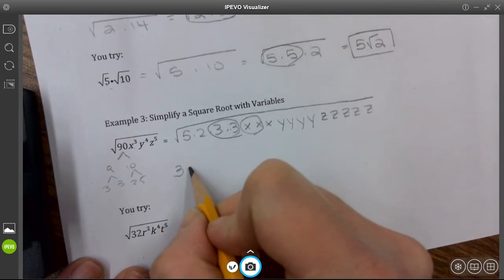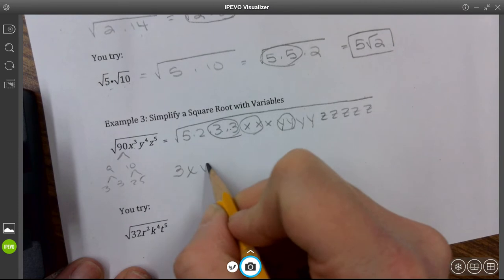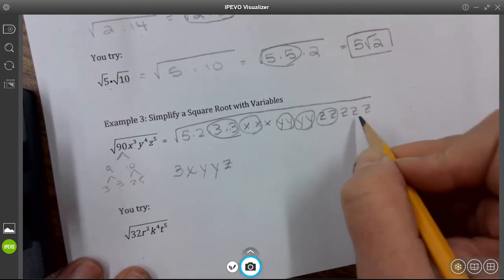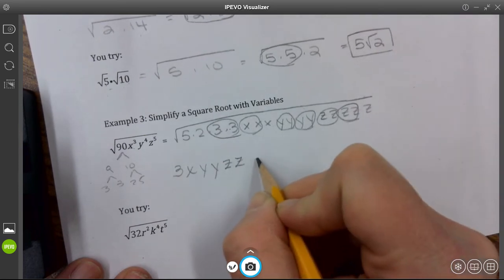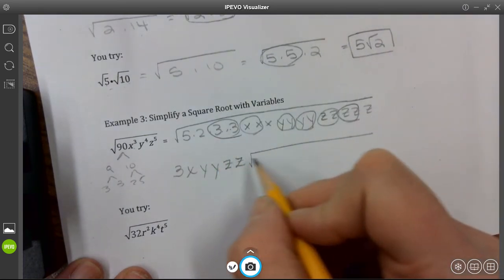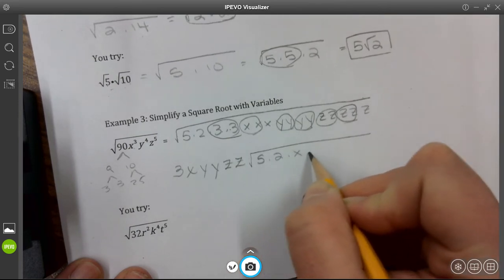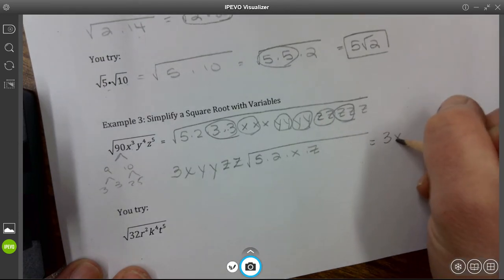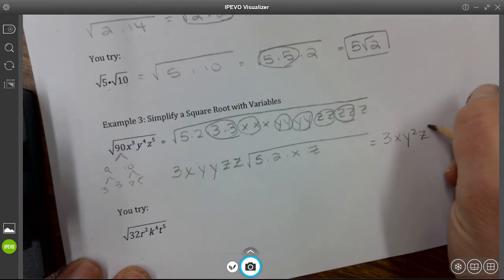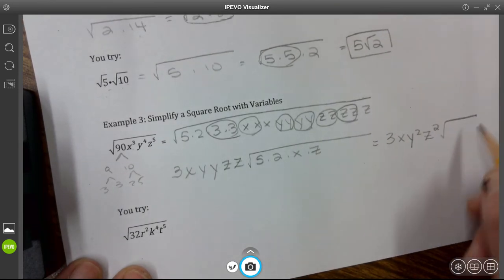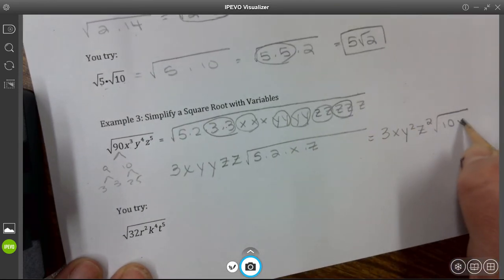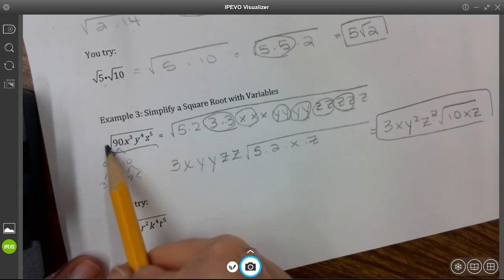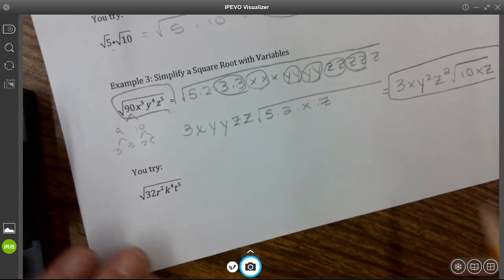I have an X. I have a Y. I have another Y. I have a Z. And I have another Z. I am left with 5, a 2, an X, and a Z. When I simplify this, it's going to be 3x y squared z squared, and inside it's going to clean up to be 10xz. That's your answer. They're the same thing. All right, pause the video and you try on your own.